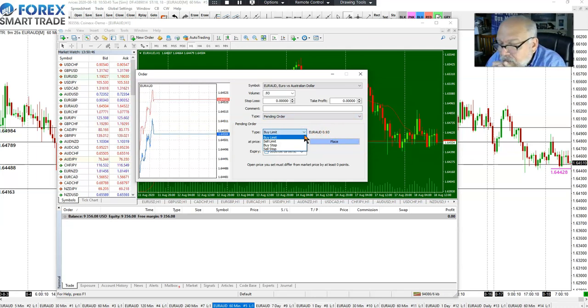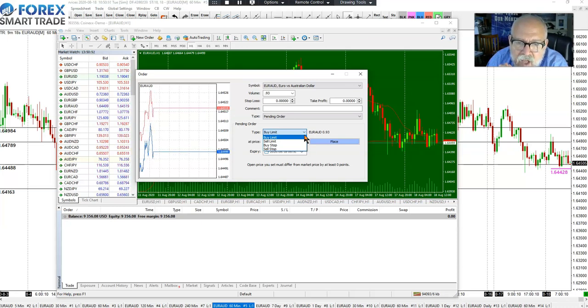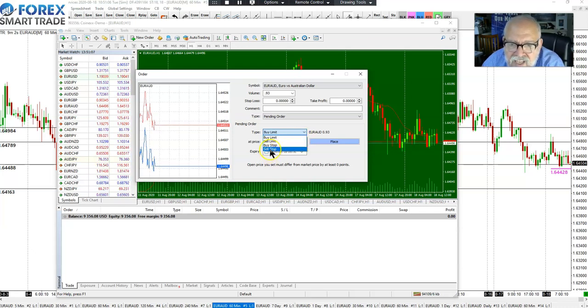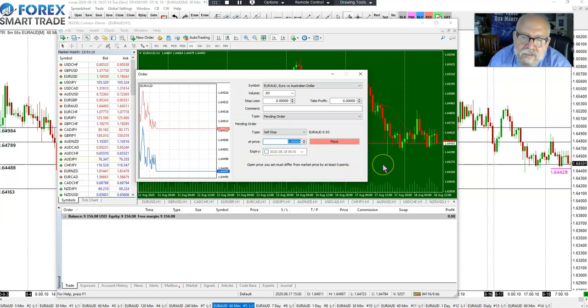A buy stop and a sell stop means I want to take a buy or a sell when it's going in the direction that I want it to go in. So you can kind of think of it like a bus stop. So a sell stop means when it gets to that certain spot, I want to take a sell, and then I'm going to continue to ride it down.